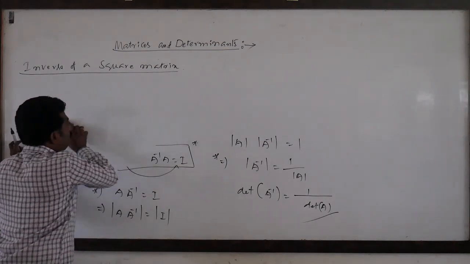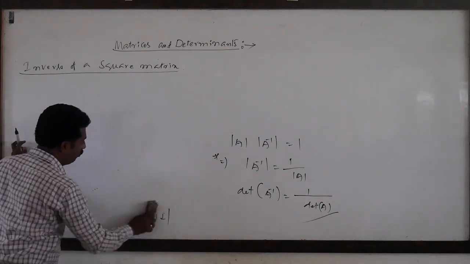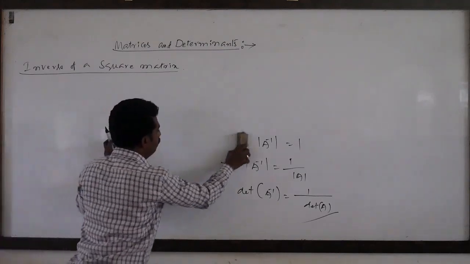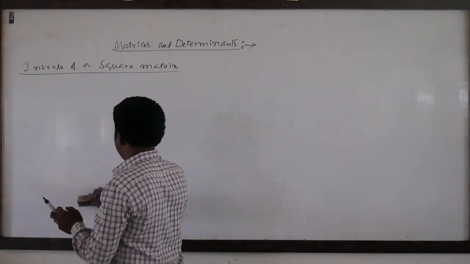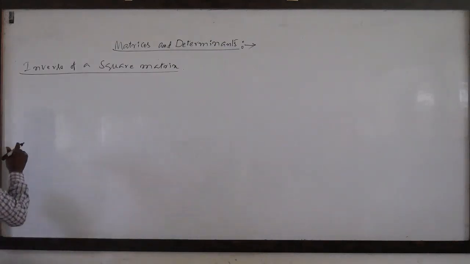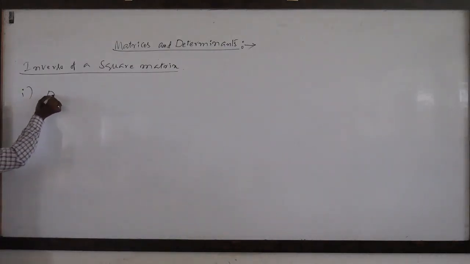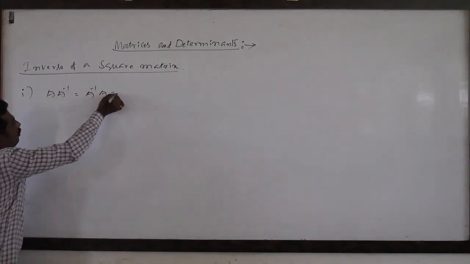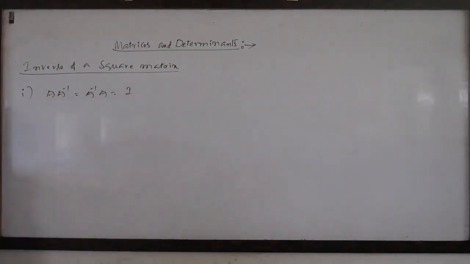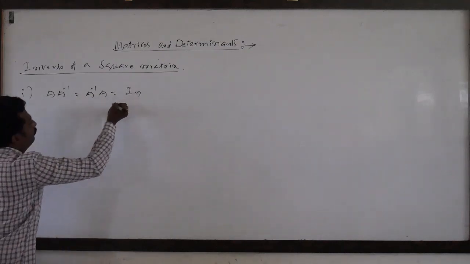Next, properties of inverse of a square matrix. So the first property is this one only: A inverse A equals A A inverse equals the identity matrix of order n.